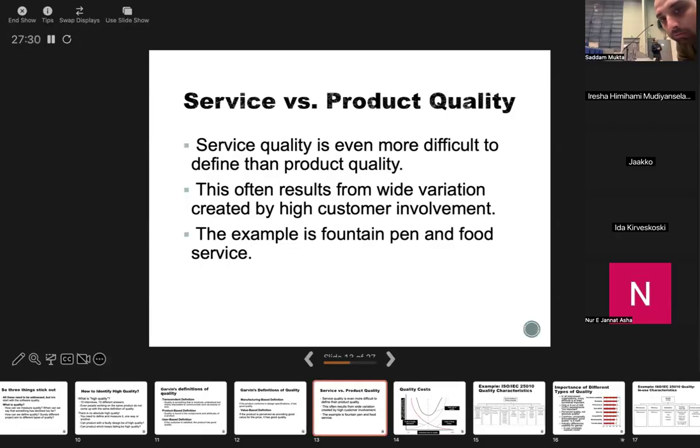So for example, a fountain pen and food service. A fountain pen is a product, so for product quality you can develop rubrics. But when it is food service, there are many things: how they are catering, the responsiveness, and many other things.